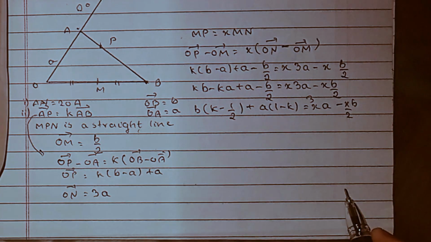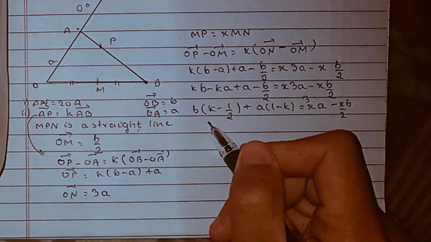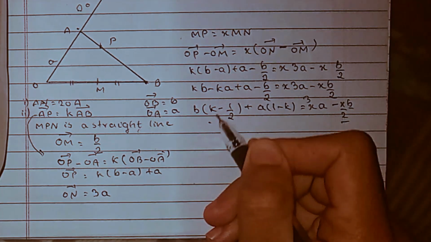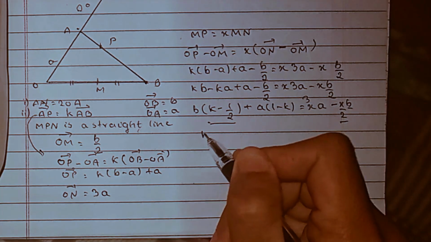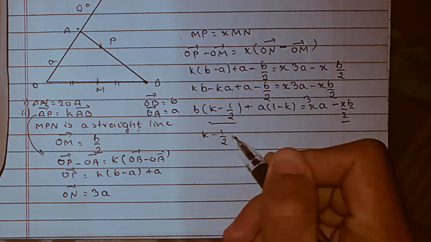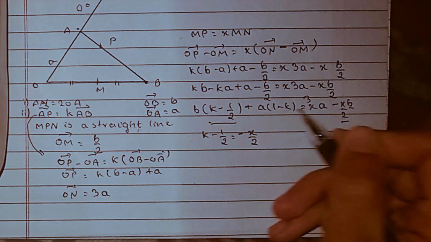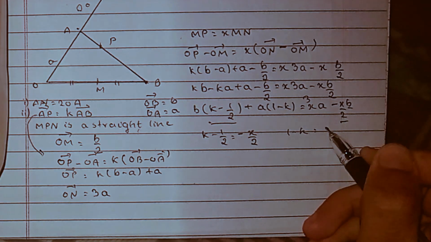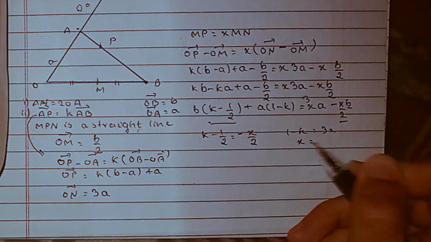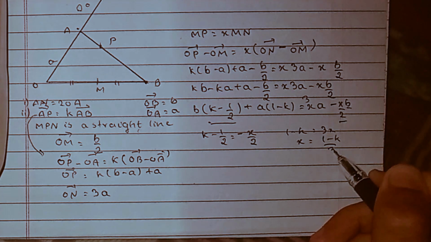Now we can equate the corresponding terms: with B we have k minus 1 by 2 on one side and minus x by 2 on the other. So k minus 1 by 2 equals minus x by 2. Similarly for A we have 1 minus k, and on the other side 3x. So x equals (1 minus k) by 3.